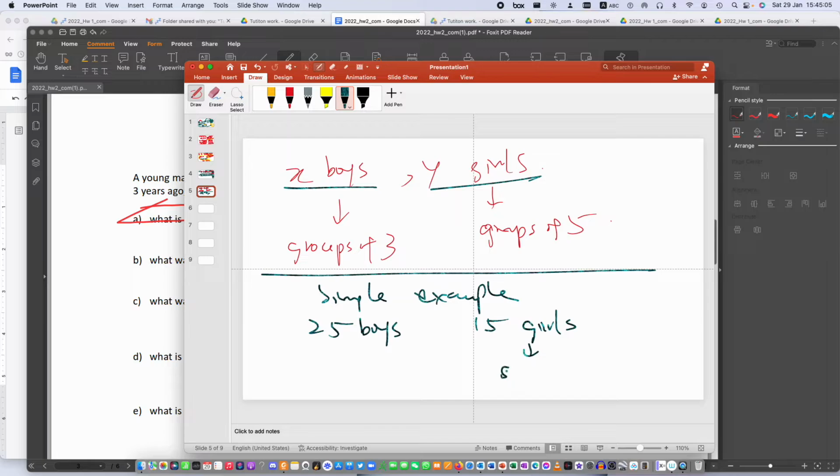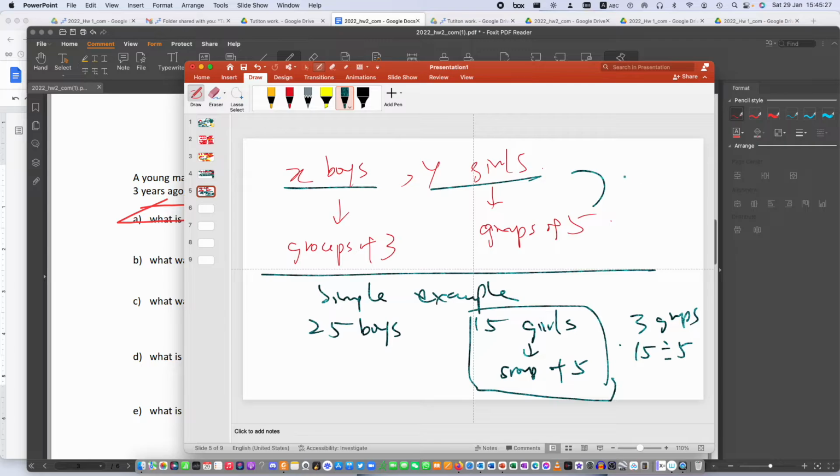So they have to form groups of 5. How many groups do you have for this one? 15 girls. One group is 5. How many groups do you have? 3 groups. How do you get 3? 15 divided by 5. So now, how many groups for this one? 25 divided by 5.